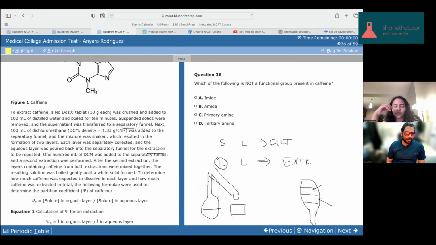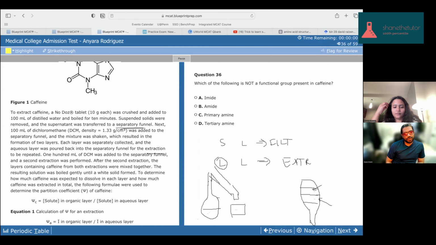Okay, so we have the two layers, and each layer was separately collected. So I guess they took the organic layer and put it into one flask, the aqueous layer in another flask, and then they put the aqueous layer back into the separatory funnel to repeat the extraction. So this is like a fractional type of thing.